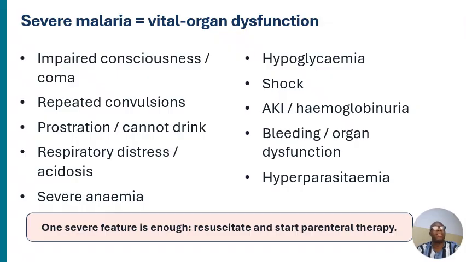On the right side of this slide, we have hypoglycemia, shock, acute kidney injury or hemoglobinuria, abnormal bleeding, or other organ dysfunction, and high parasitemia as a high-risk marker of severe malaria.